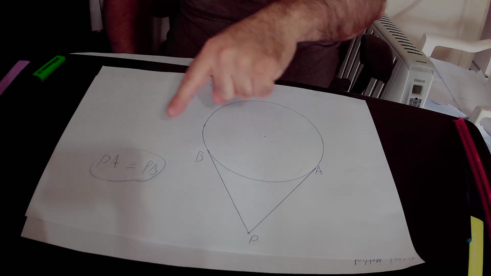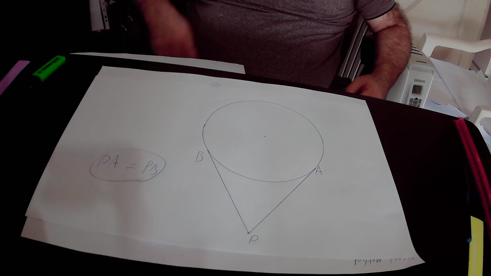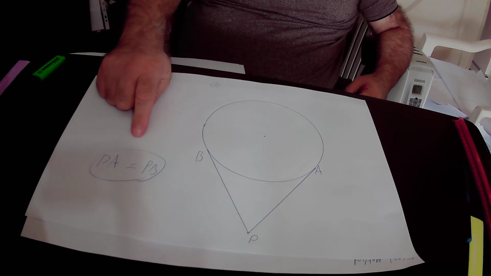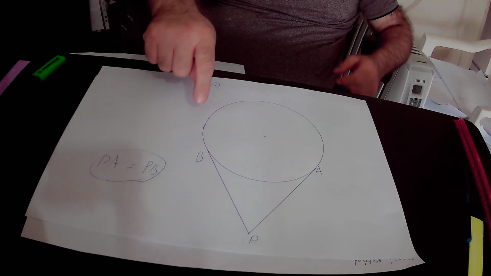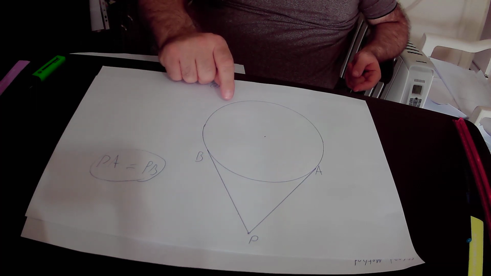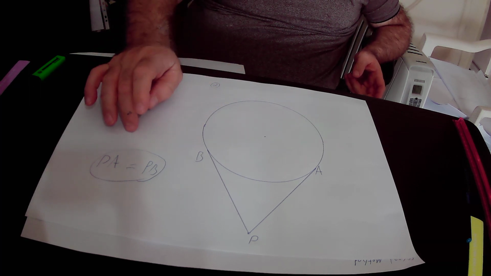That is to say, PA will be equal to PB. The lengths of the two tangents, PA and PB, from the common external point P to the circle, at points A and B, are equal.